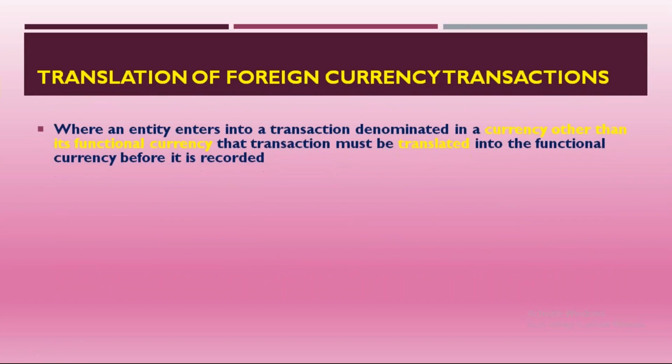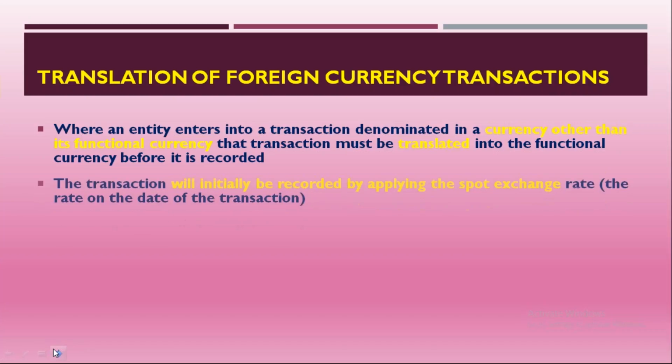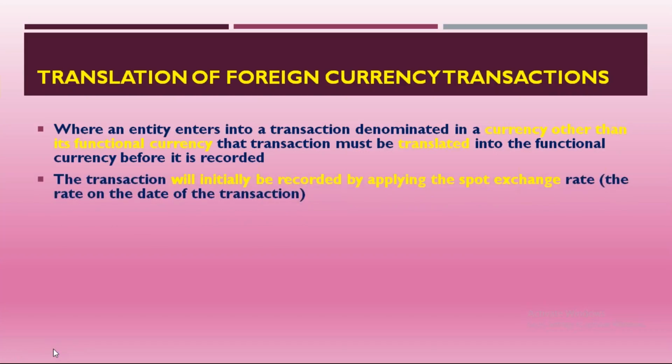So translation, we saw some of the questions a little bit earlier, I think last week. Whenever an entity enters into a transaction in a currency other than its functional currency, it must be translated into the functional currency before it is recorded. In other words, on the spot date, it must be correctly recorded. So initially it will be recorded by applying the spot exchange rate.